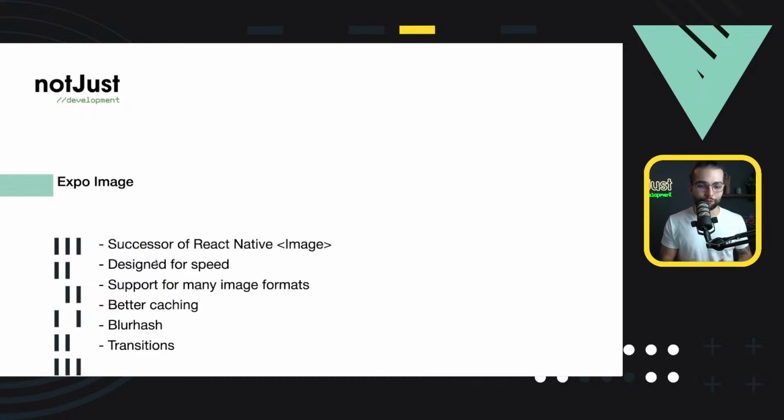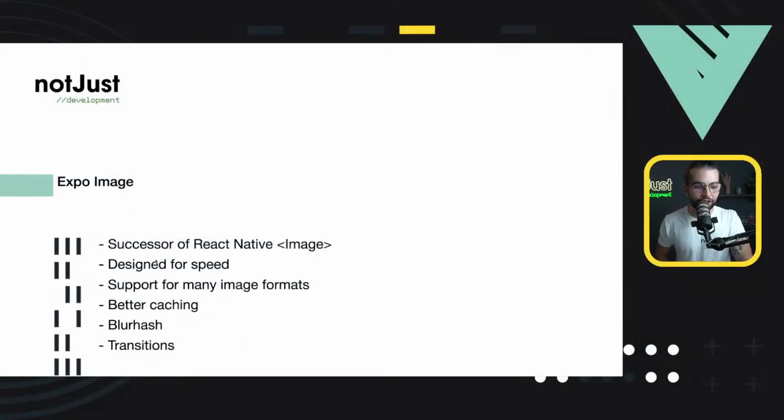Well, the problem with the image component from React Native, as usual, is performance. So there are some issues with specifically caching images where it kind of works. It's not always working. There is a lot of cache misses. And that impacts the performance of the application.